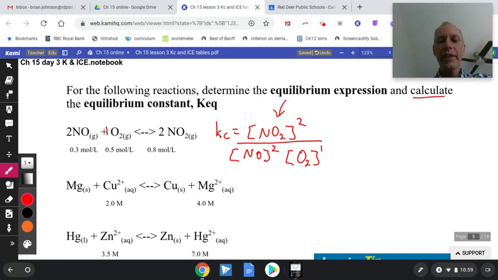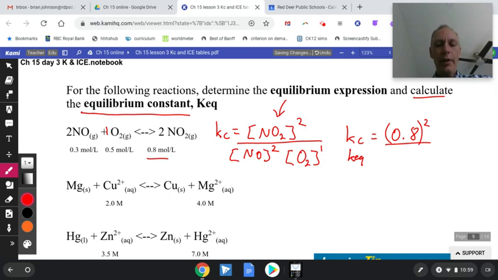Now we want to actually calculate this mathematical constant. So Kc or Keq, same thing. All right, so now all we do is plug in the equilibrium concentrations. NO2 is 0.8 squared. If you want, you can put brackets around it. And on the bottom, I'm going to put brackets around this whole thing.